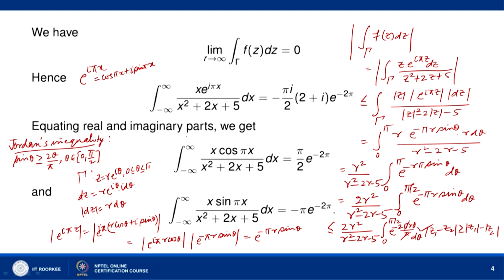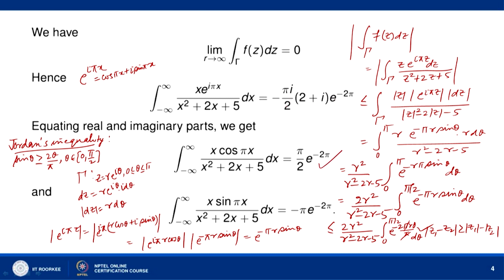On the left side, on equating real parts, we have the integral over minus infinity to infinity of x cos pi x dx divided by x square plus 2x plus 5, and what is the real part here? When you multiply minus pi i by 2 to i square is minus 1, so you will get pi by 2 e to the power minus 2 pi.